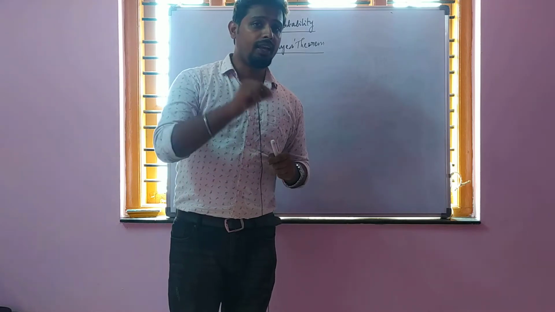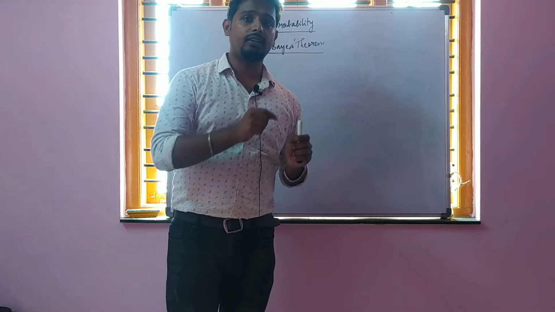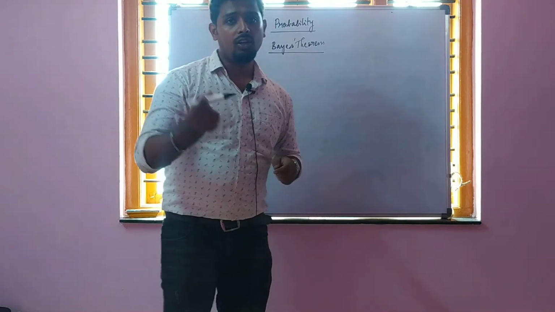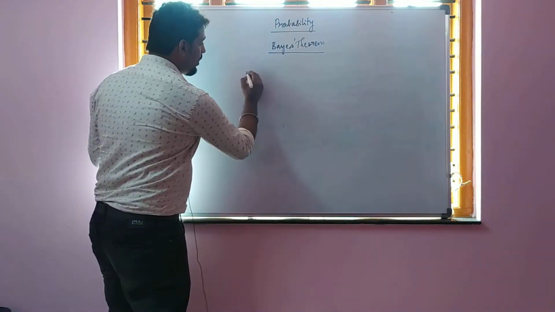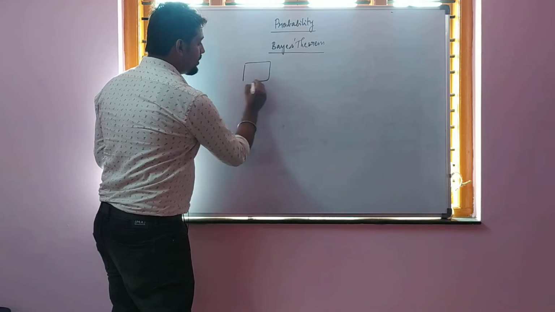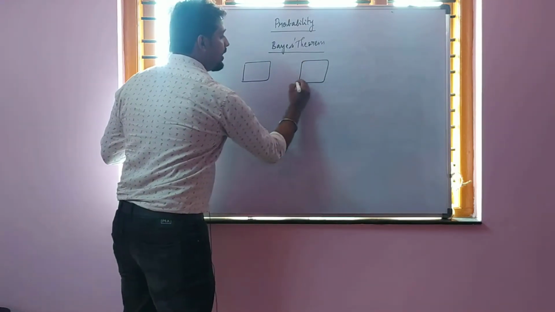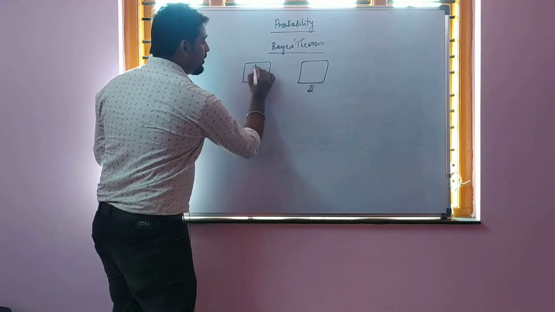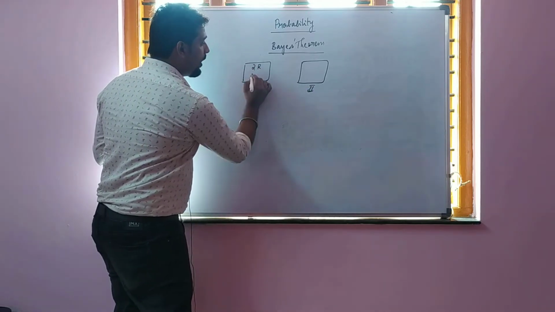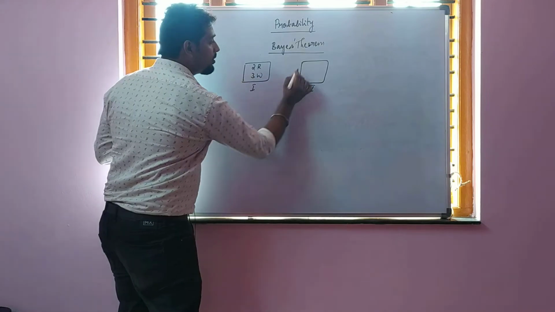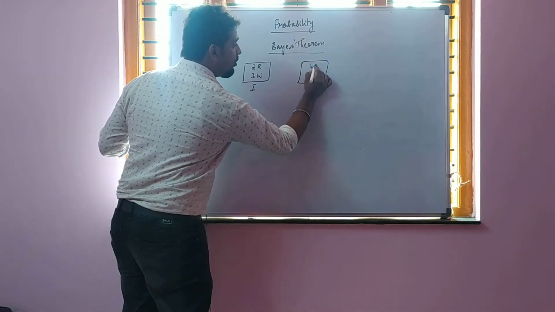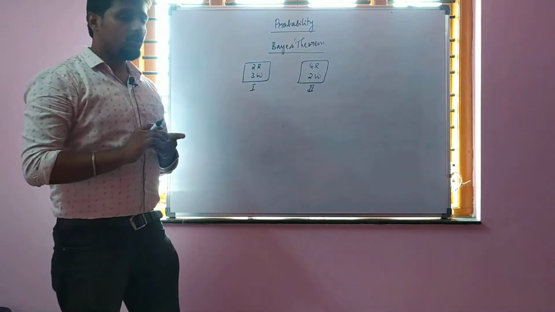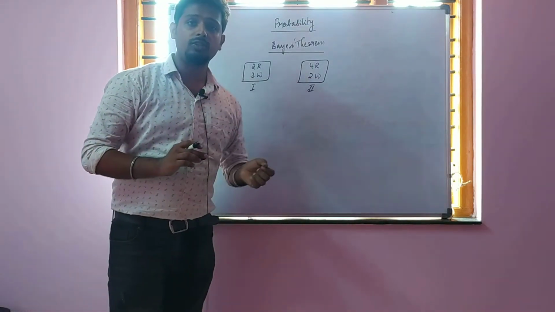For time's sake, we shall consider two bags, bag 1 and bag 2. Bag 1 consists of 2 red and 3 white balls, and bag 2 consists of 4 red and 2 white balls. So these are the two bags which we have got.